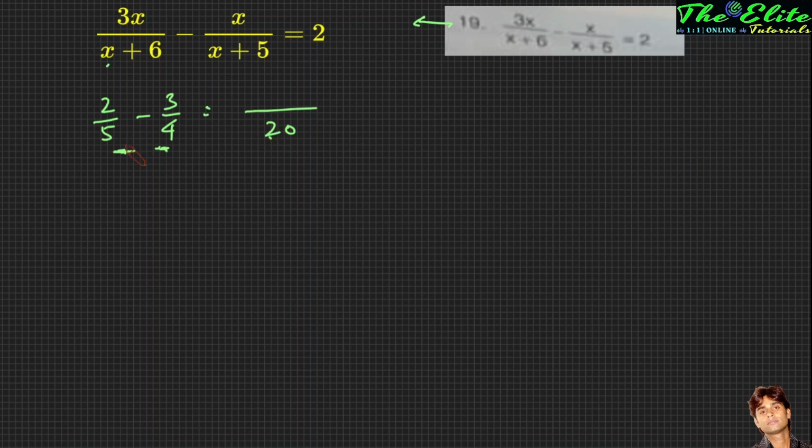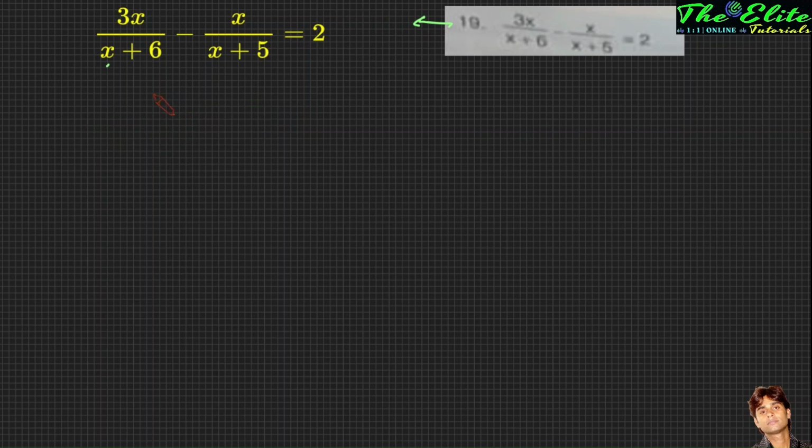You divide the LCM by each denominator and multiply the quotient with the numerator: 4 gets multiplied by 2, 4 times 5 is 20, 5 times 3 is 15. The same thing we will do over here.